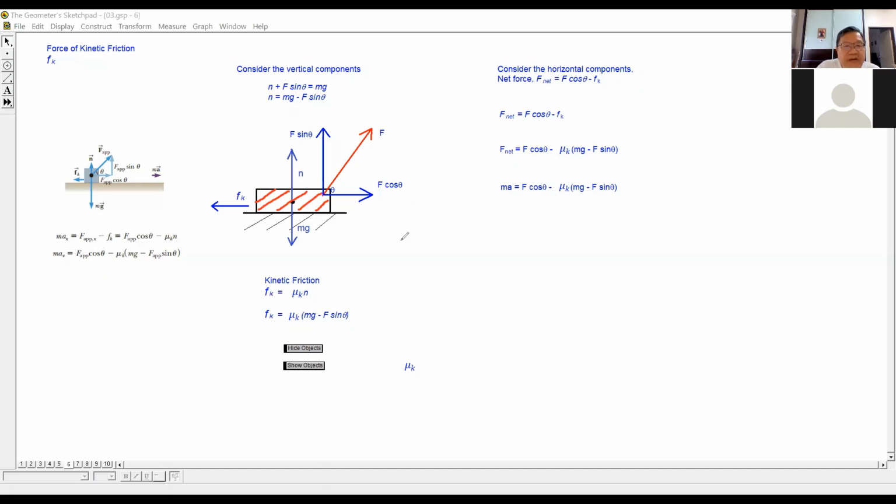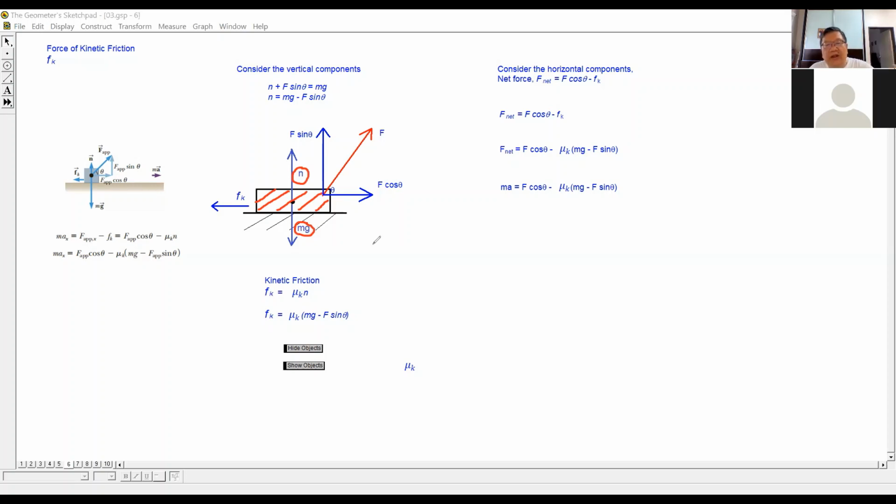By resting on the surface, there are two forces acting on it. One is the normal reaction, and another one is the weight of the object. Normal reaction is the support given by the surface.